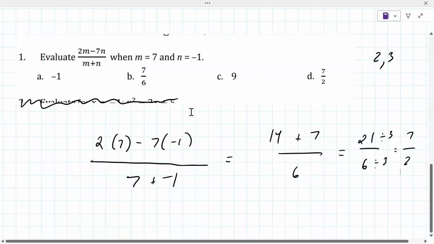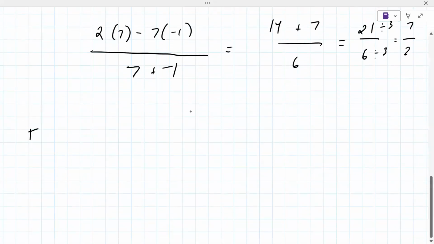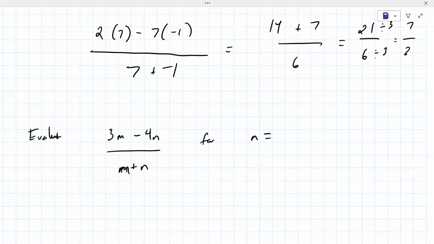All right, let's try another one here. Let's say I ask you to evaluate 3m minus 4n over m plus n for m equals minus 1 and n equals minus 2.